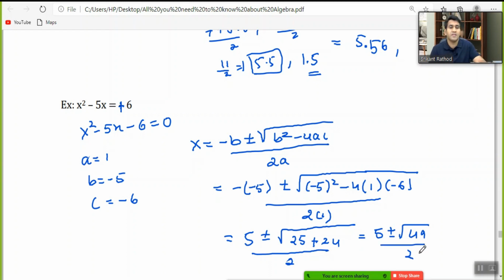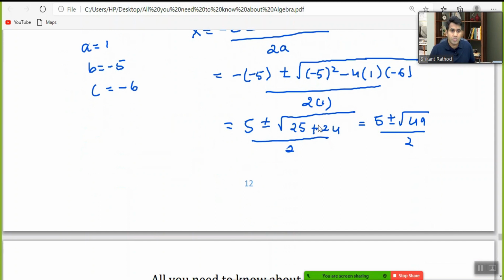And 49 is a perfect square number, so I can write this expression further as 5 plus or minus 7 by 2, isn't it? The square root of 49 is 7. So this is written further as 5 plus 7 by 2, comma, 5 minus 7 by 2.